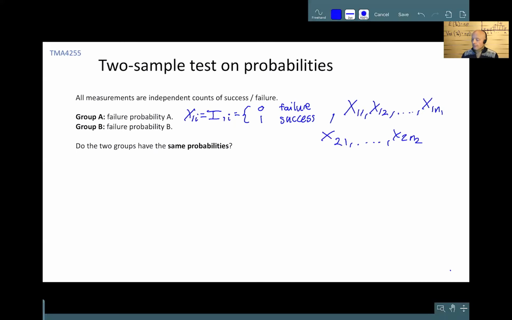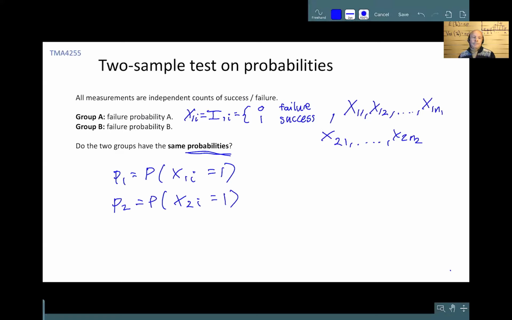What's interesting here is to look at the probabilities. So we assume that P1 is the probability that one of these X1I is equal to 1. That's the success probability in group A. And P2 is the success probability in group 2. So this is slightly more complicated because we're used to the Gaussian distribution.